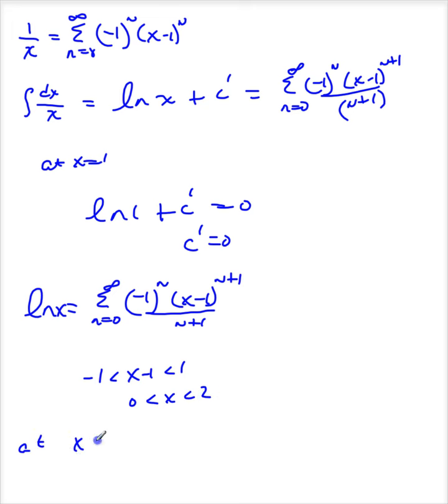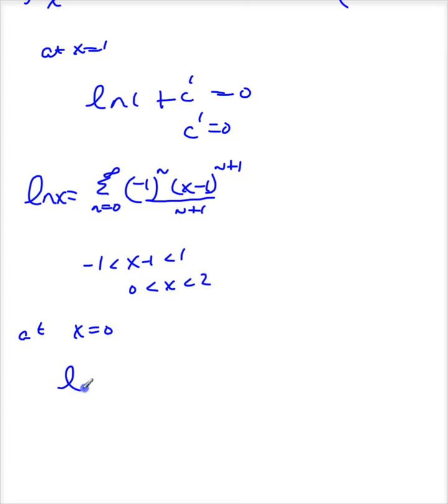At x equals 0, what do I have? I have the natural log is what? I can guarantee this isn't going to converge because I can't even write natural log of 0 down. It just is hurting my soul. So I'm just going to look at the sum. Minus 1 to the n times minus 1 to the n plus 1 divided by n plus 1.